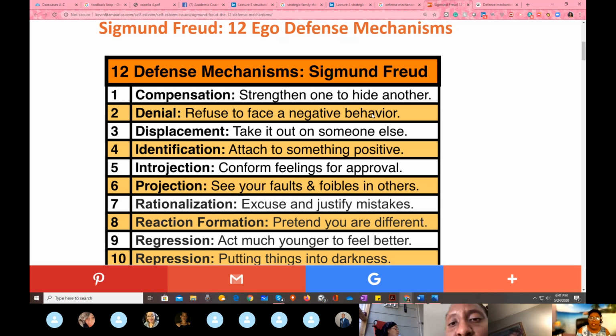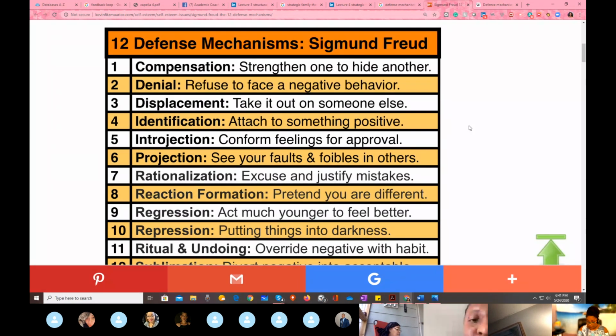Okay, so then, somebody give me some answers. Compensation. Give me an example. Right. Compensation is when, most often, I am not aware of these. There's one that I'm aware of, but the rest of them I'm not aware of.